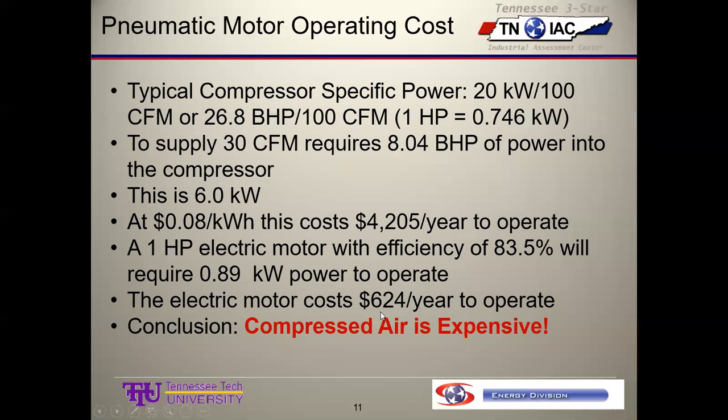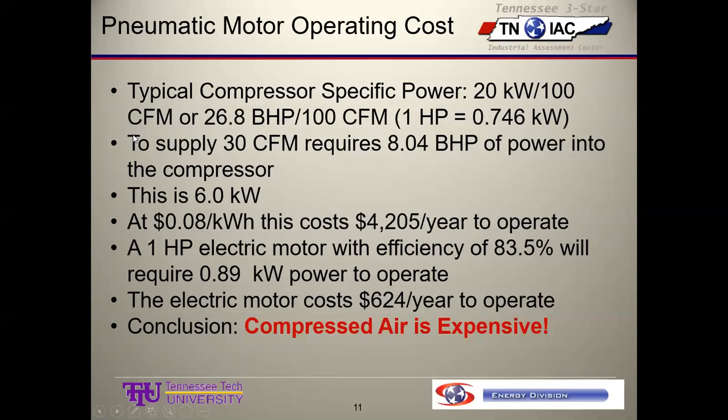Okay, well, let's look at how we can do a little calculation here. We see the typical compressor specific power, which is like an efficiency rating, miles per gallon or something like that, in kW per 100 CFM. This is a fairly efficient compressor: it takes 20 kW to produce a flow rate of 100 CFM.